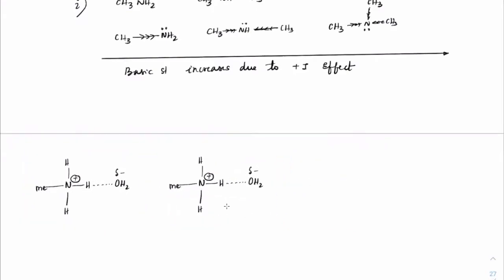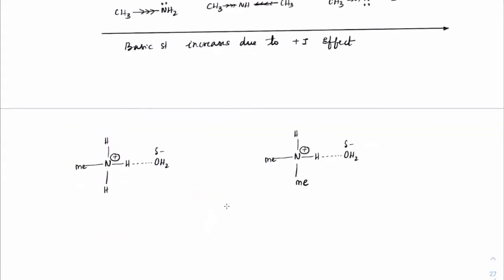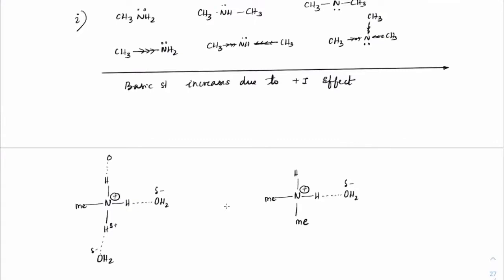In the primary case, if you check, it will happen at three places here, because this hydrogen is also polarized. So here also we can have OH2 with hydrogen bonding. Here also we have OH2 with hydrogen bonding.